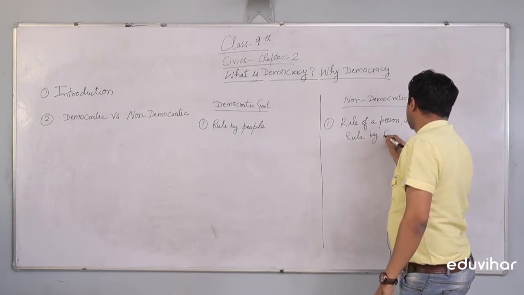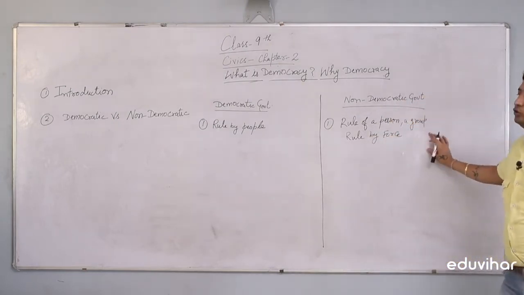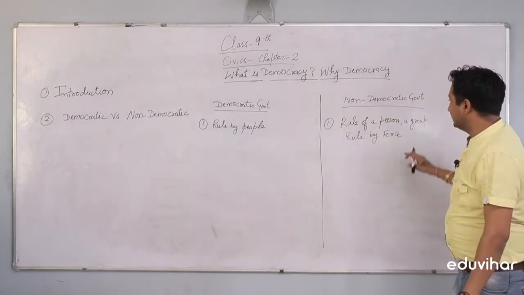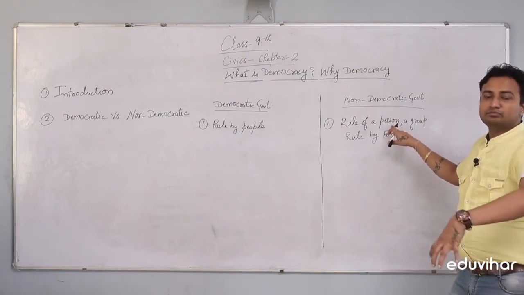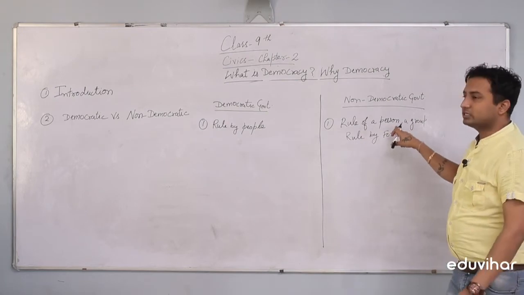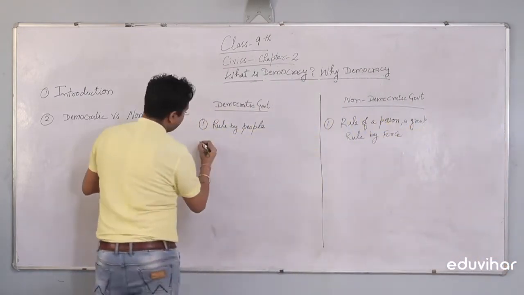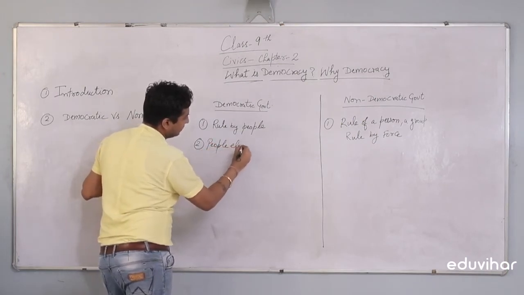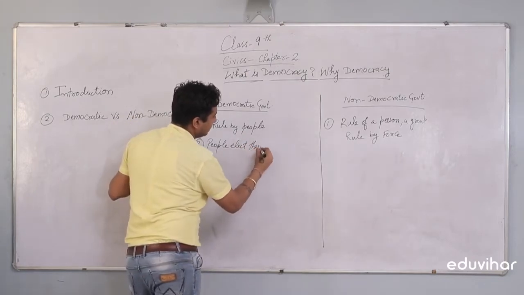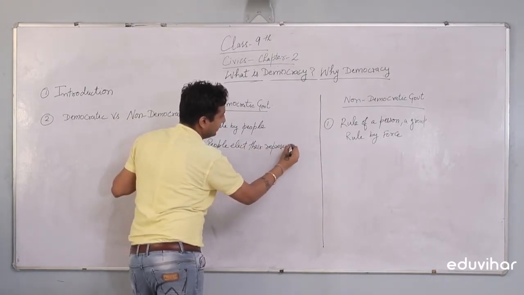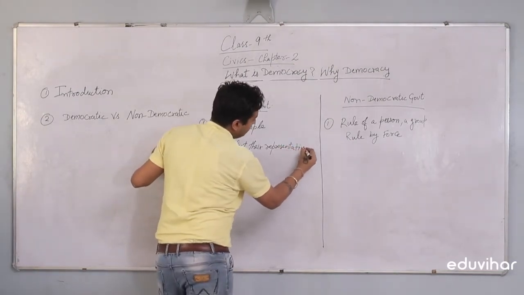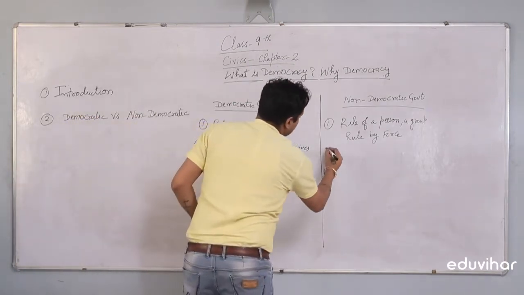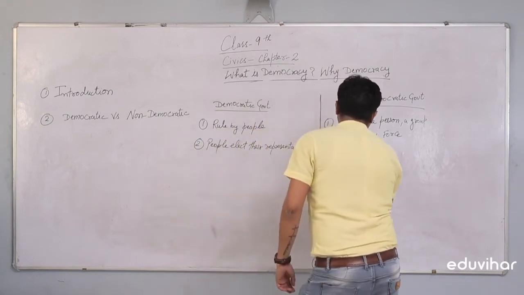In democracy, this is the rule by people. Second, in a democracy people elect their representatives. In a non-democratic government, there is no such election.